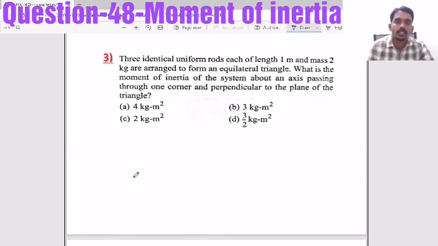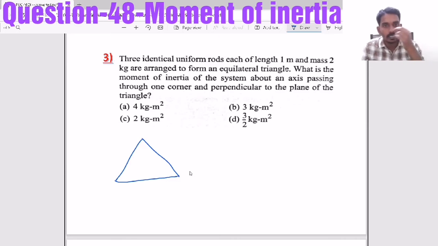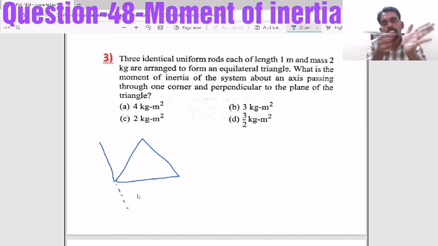Now, the third question. Three identical uniform rods, each of length 1 meter and mass 2 kg, are arranged to form an equilateral triangle. Now, the moment of inertia of the system about an axis passing through one corner and perpendicular to the plane.